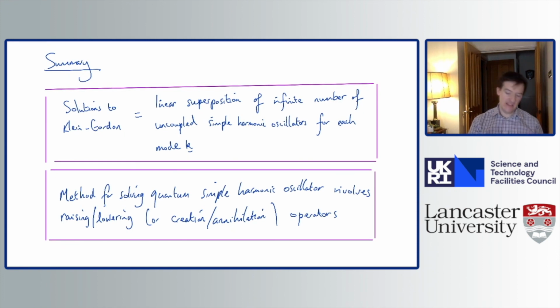We've seen that a nice way of solving it involves what are called raising and lowering, or creation and annihilation operators, so these A and A dagger operators. In the next lecture we'll continue our story of how to go from the classical Klein-Gordon equation, use these creation and annihilation operators, and find the quantized version of the Klein-Gordon theory.